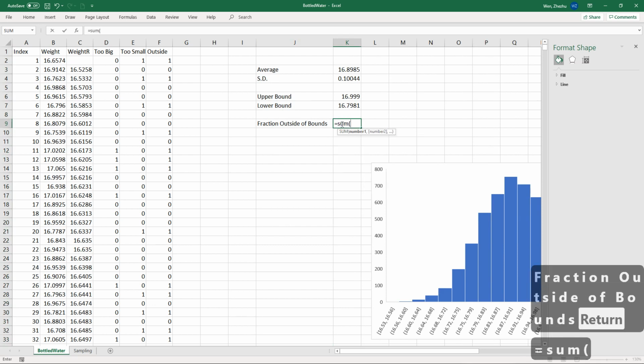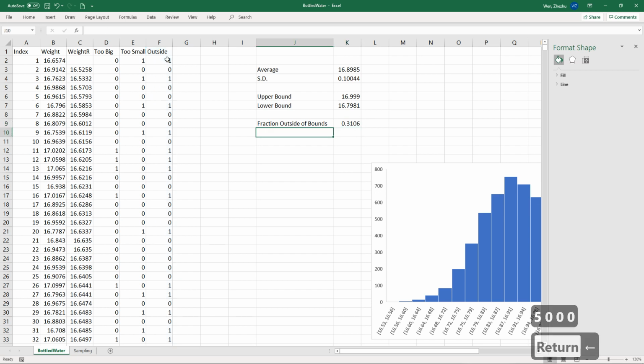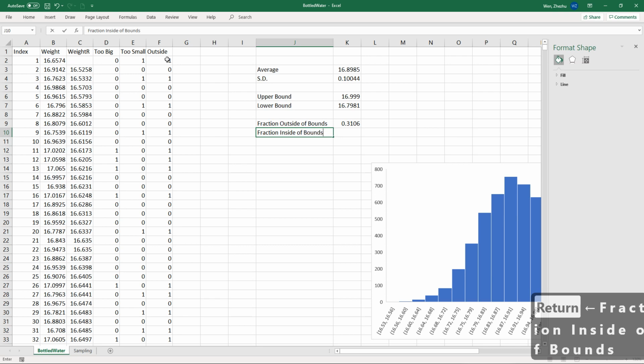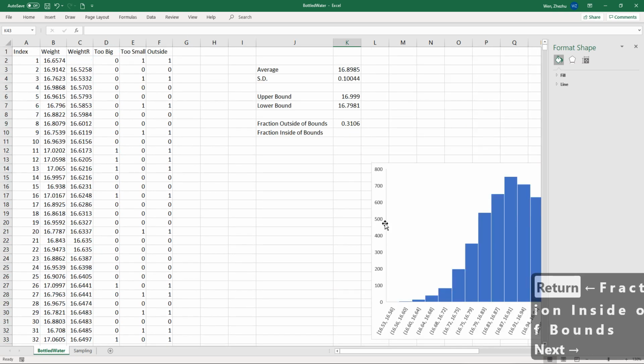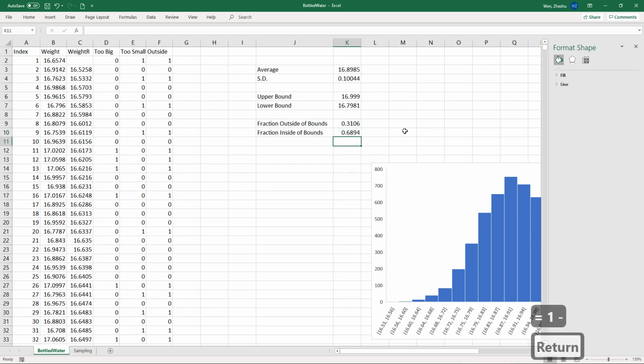I'm going to sum f, because the sum of f is going to tell you the number of observations that are outside of the bounds. You divide it by 5,000 because we have 5,000 observations there, and the fraction inside of bounds, oops, I'm sorry, it's basically 1 minus this. So we have 68.94 which are inside of the bounds.